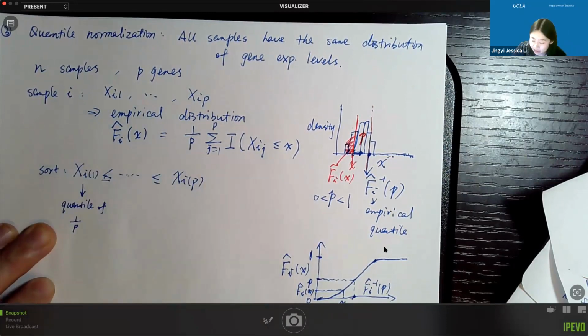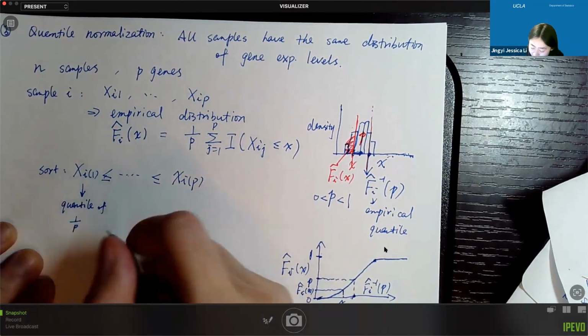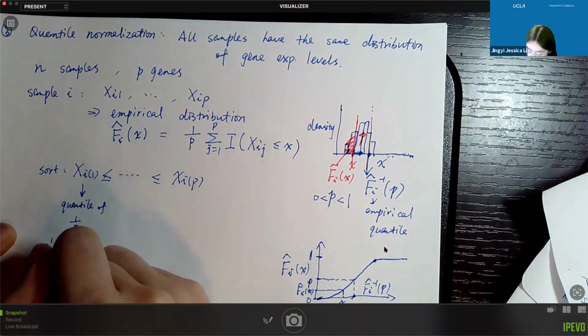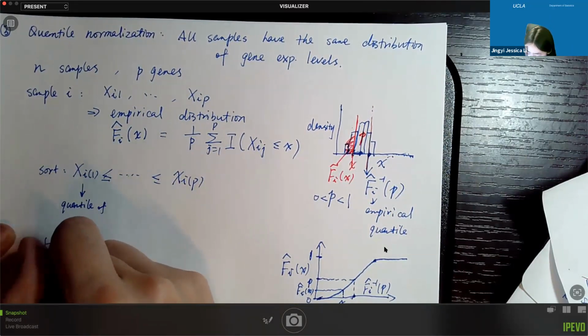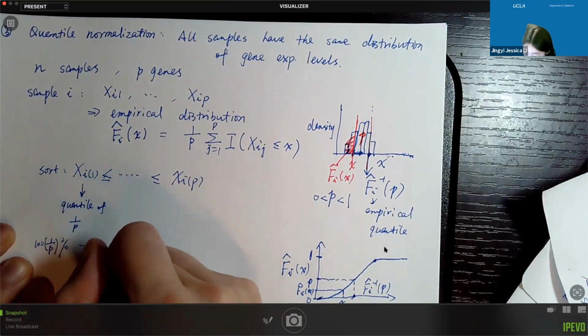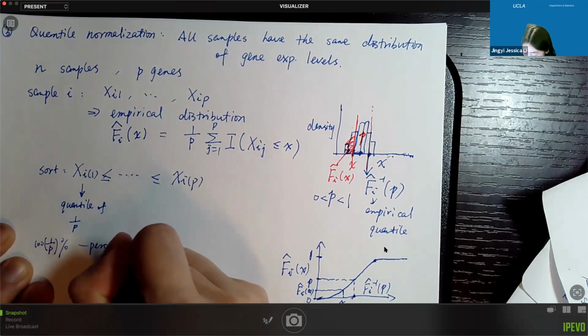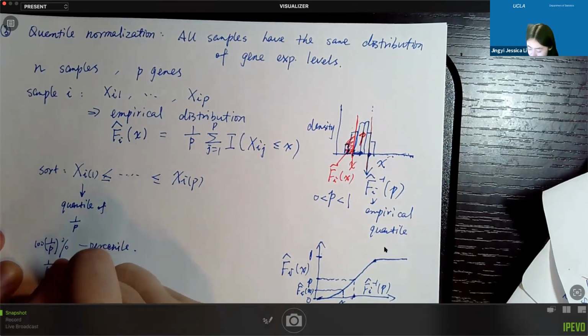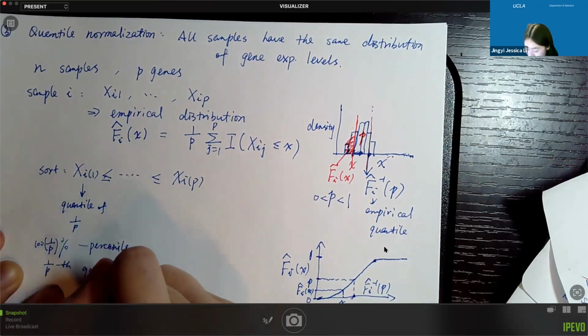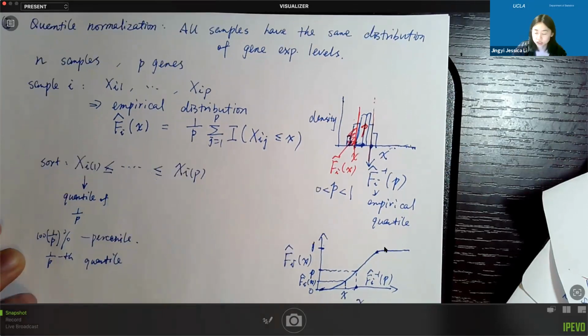Or I could also write it as 1 over p times 100 percentile. You can say it either way, or you can say it as the 1 over p quantile. These terms are all used.